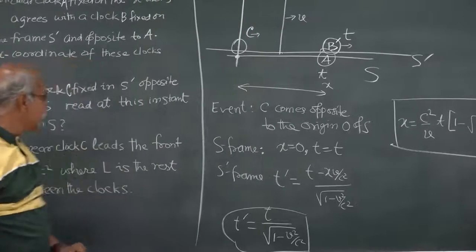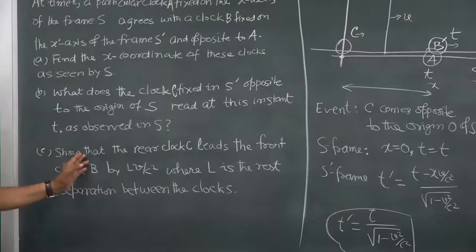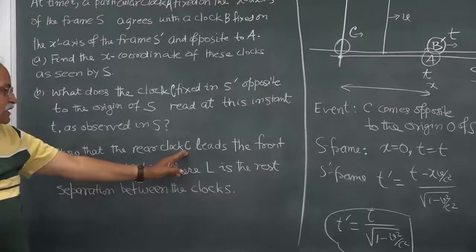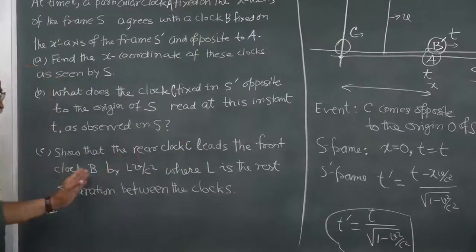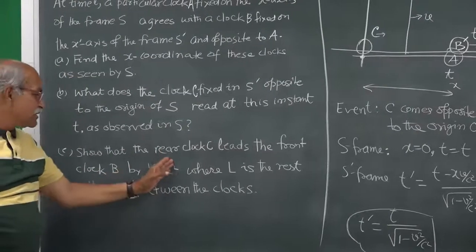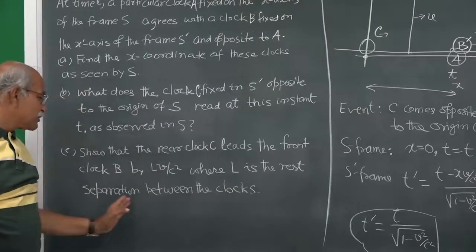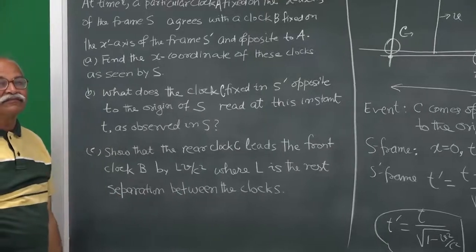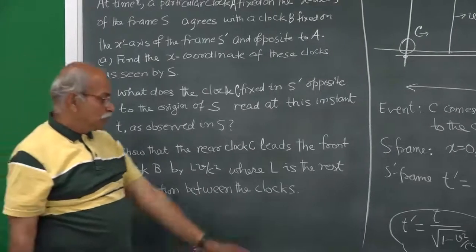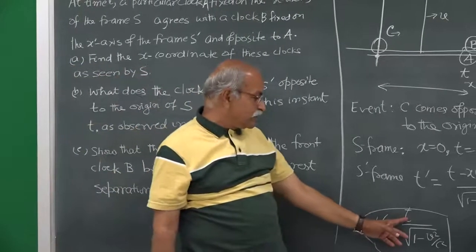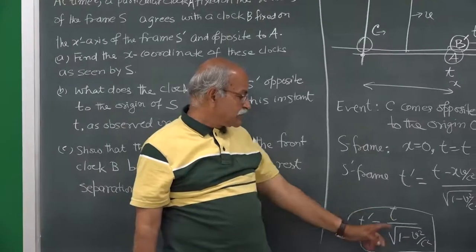And the third part is show that the rear clock C leads the front clock B by L V by c square, where L is the rest separation between the clocks. So, you see this t prime is greater than t.